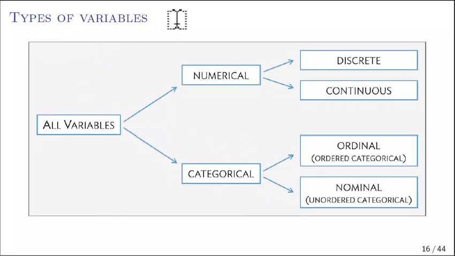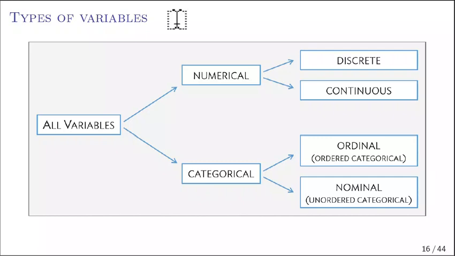Now we can summarize the types of variables as in this picture. All variables can be decomposed into numerical and categorical variables, and each has two subcategories. Numerical can be discrete or continuous. Categorical can be ordinal or nominal.